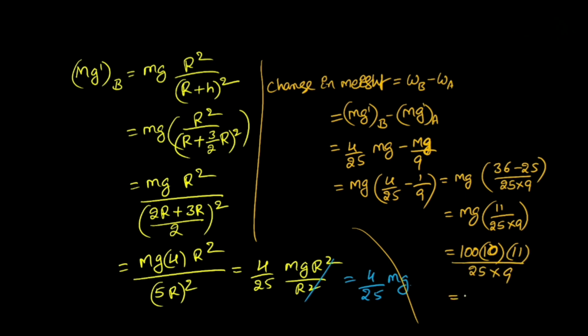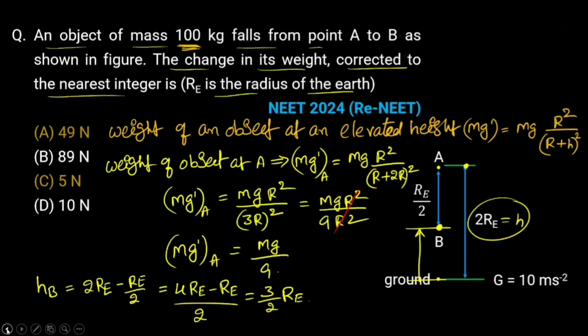You simplify this value to get approximately 49. That is the approximate change in weight of the object. Right? 49 newtons. Option A is absolutely correct. Understood clearly? I tried to explain each and every point at your understanding level. Understood or not? Yes.